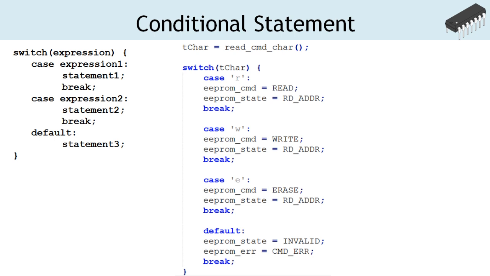A group of statements is executed based on the letters R, W, and E by the case labels. If the command is invalid, the statement group labeled by default is executed. Note, each statement group ends with a break statement. It alters the execution sequence and the control jumps to execute the first statement after the switch block.